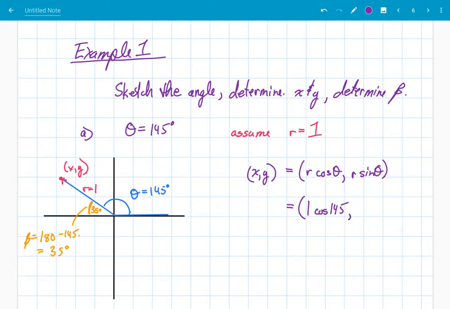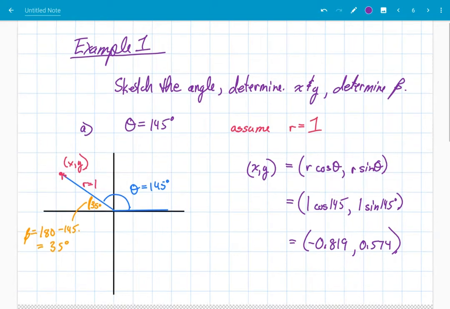You can use the obtuse angle, you can use an angle bigger than 180, it'll still work, and 1 times the sine of 145. And we get the coordinates for this point of interest. Negative 0.819 and positive 0.574.